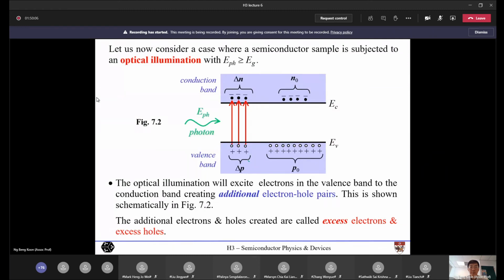This extra amount is on top of the thermal equilibrium quantities. And in this case, because it's optical illumination, delta n and delta p must be the same, because it's due to band-to-band transitions, and you expect the extra electron and hole numbers to be the same. For every electron that's promoted, you always get a hole that is created. So delta n equals delta p because of the optical illumination.